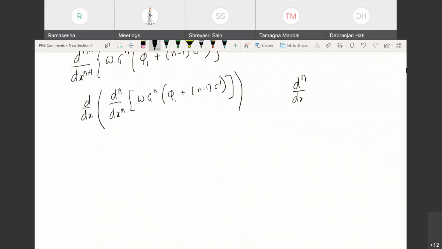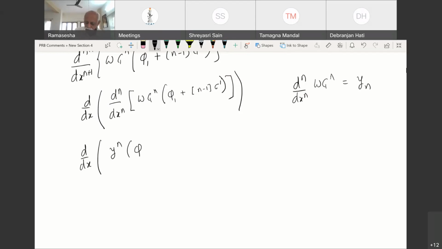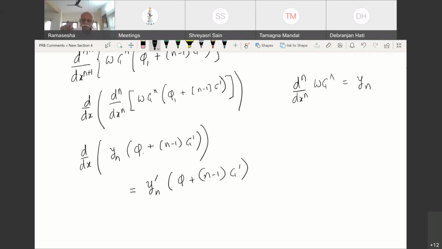So I can write it as d by dx of Yn times (P1 plus (n minus 1) g prime). Right, but it becomes much simpler to write down. So what this gives me is Yn prime times (P1 plus (n minus 1) g prime). Let me see whether I'm going to screw it up somewhere.